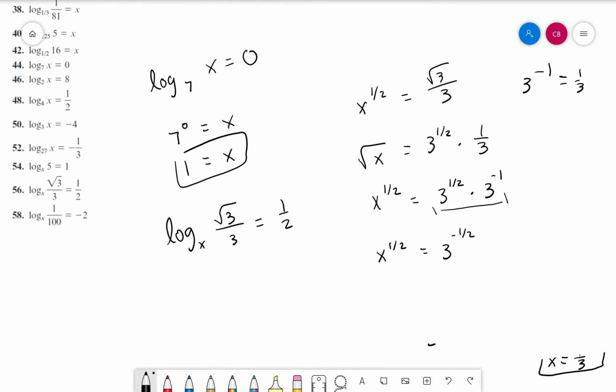Let's see. We can't set these equal, right? Because the base isn't the same in this case right now. The powers are almost the same. So why don't we do x to the 1/2 is equal to 1 over 3 to the 1/2?